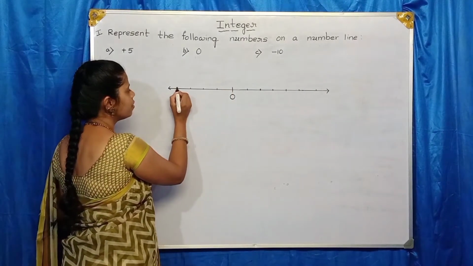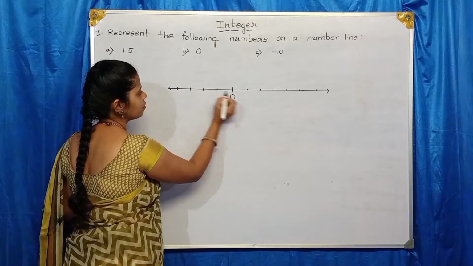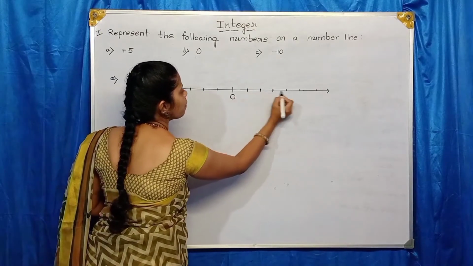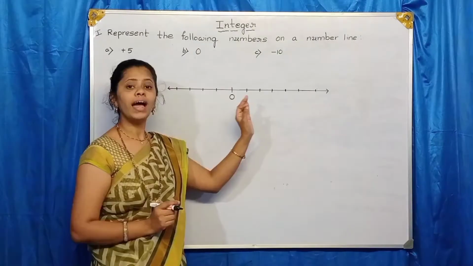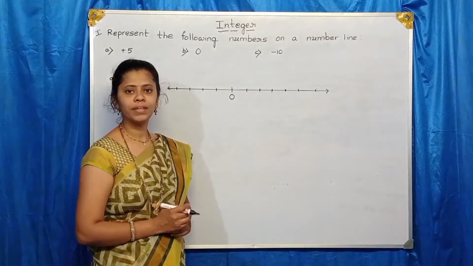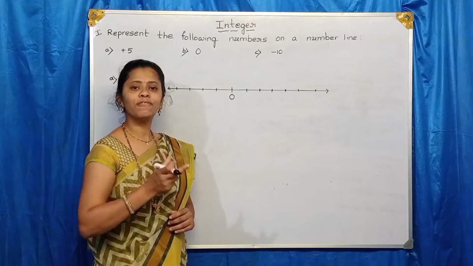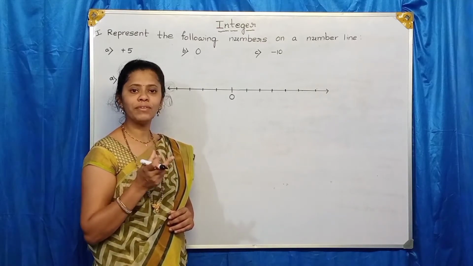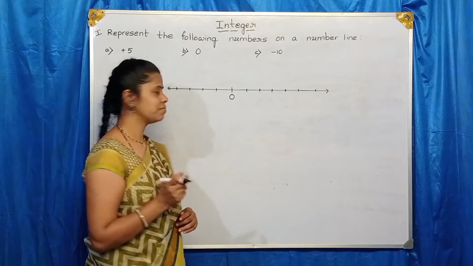Mark the points like this. And remember, each point must be equidistant from one another. Equidistant means the difference between the 2 points must have the same distance.